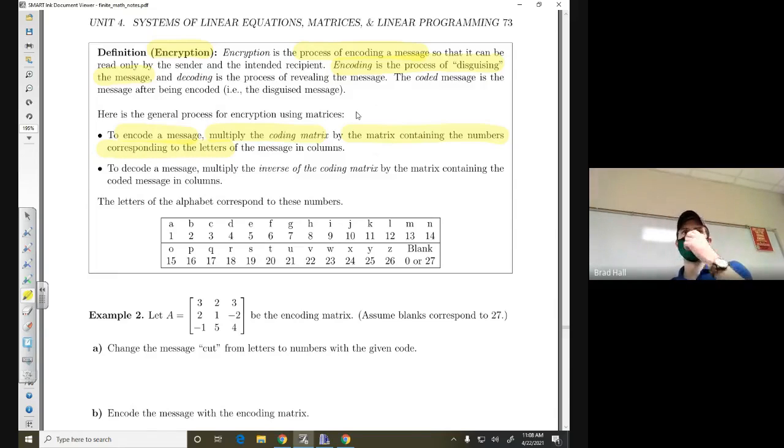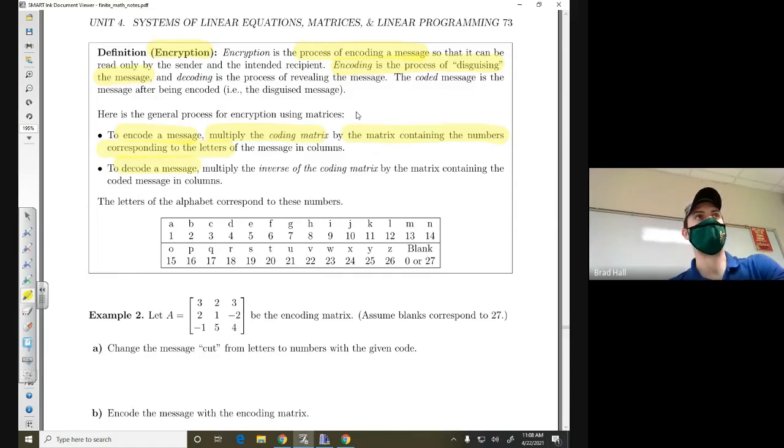So if we're sending a word, we want to convert that word into a number or a series of numbers. And then we put that series of numbers into a matrix and multiply that to the coding matrix.